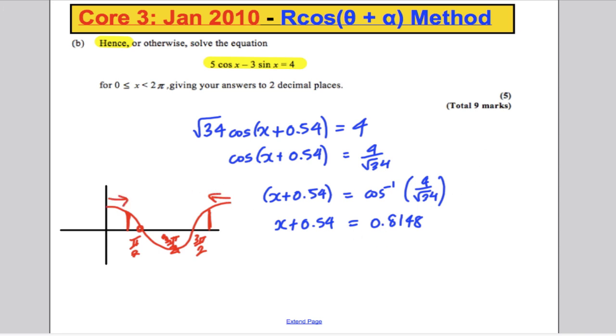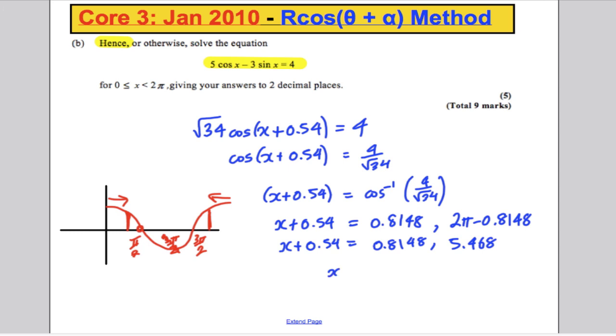So there's another solution for this, which is 2 pi subtract 0.8148. So therefore, x plus 0.54 is equal to 0.8148, and 2 times pi subtract 0.8148, the other solution, is 5.468.